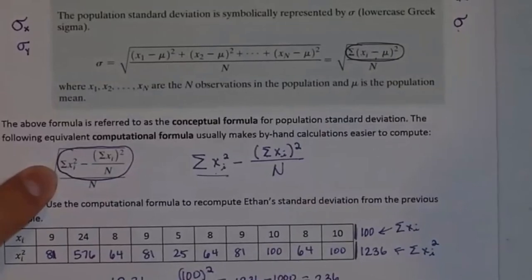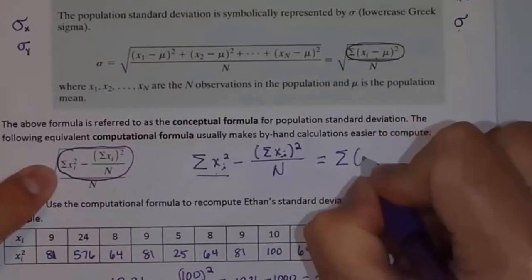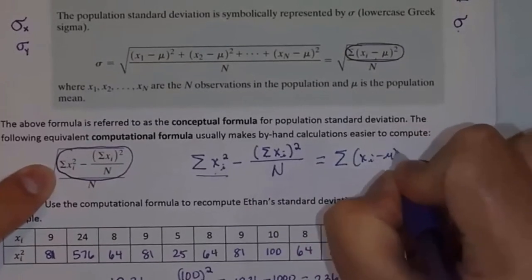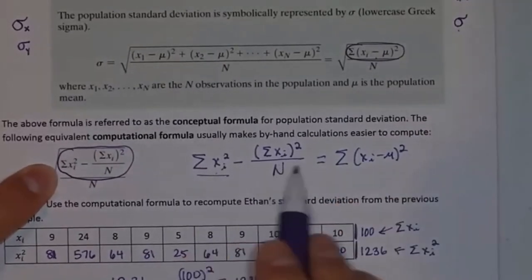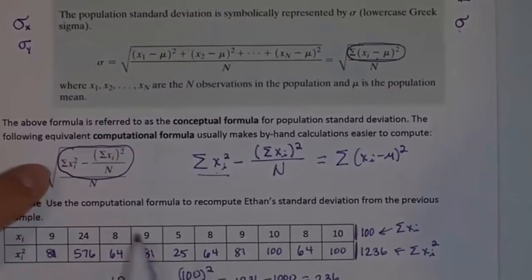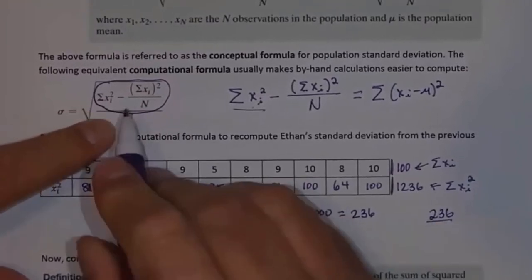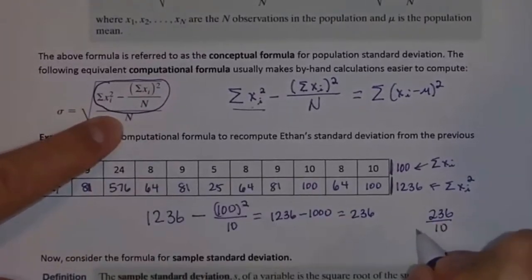They happen to mathematically always work out to be the same. So all I then have to do is take that 236, divide by the number of data values, 10, and take the square root, and that gives me the standard deviation.